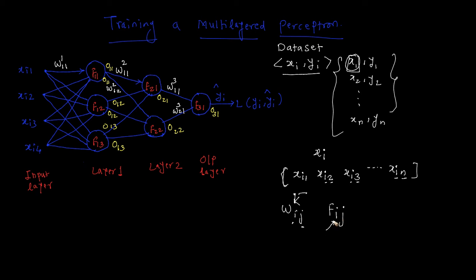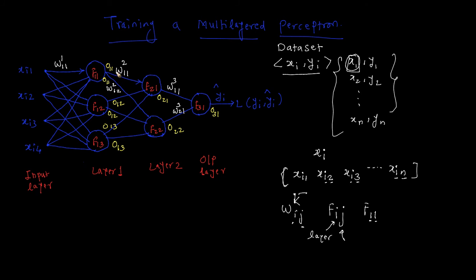That means this neuron is in the ith layer and its number is j from the top. For example, F11 means this neuron is in the first layer and it is the first neuron from the top, right? So i is the layer number and j says what its number is from the top.